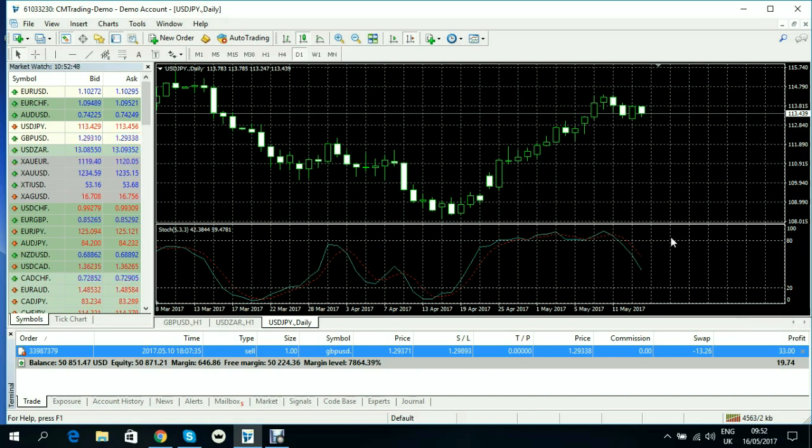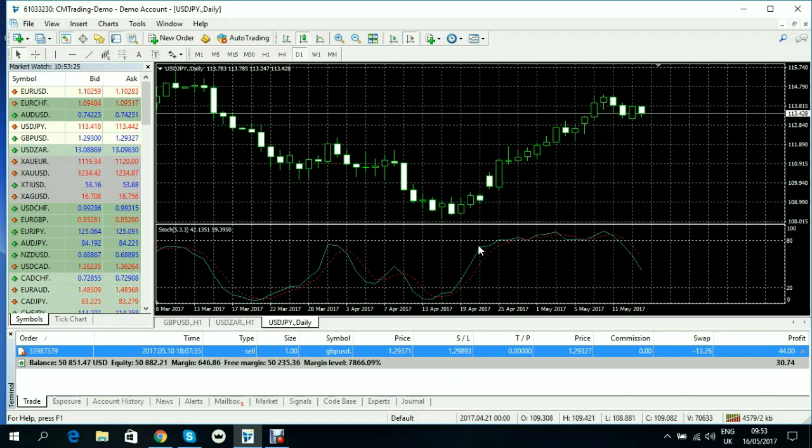Now this is how it works. When the stochastic lines, these two lines, are above 80, this 80, then it indicates that the market is overbought.